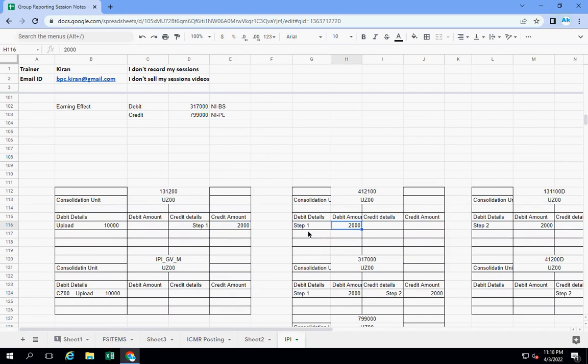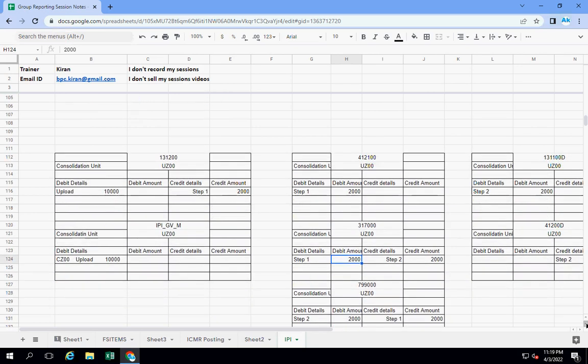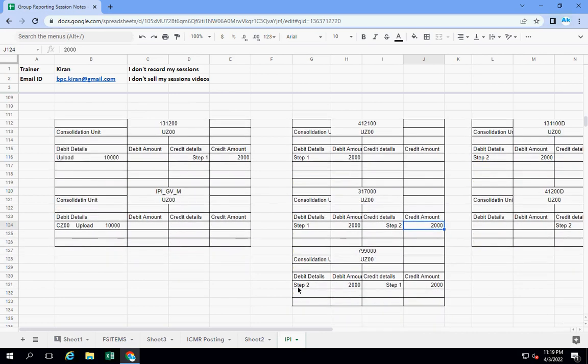Because of this step 1 entry, one more entry is passed because of the earnings effect. That is here 317000, my net income balance sheet, debited, and my 799000 account credited. Now in the second sequence, whatever step 1 posted, in step 2, in sequence 20, I reversed. See here, step 2.